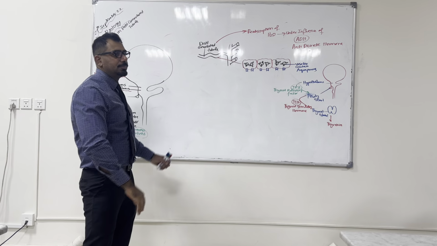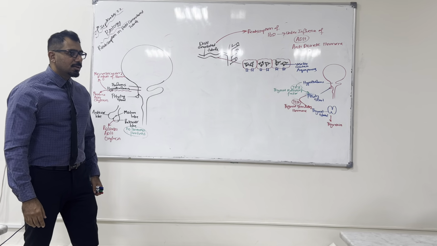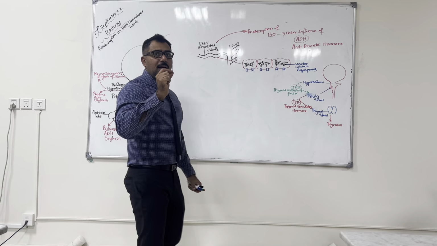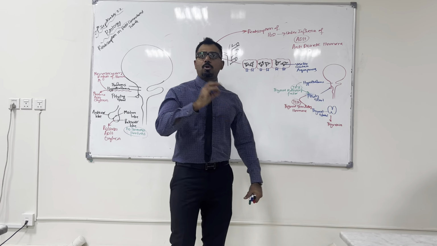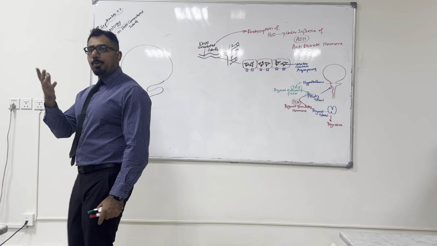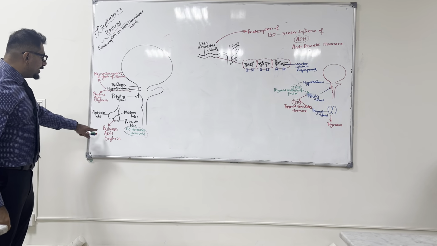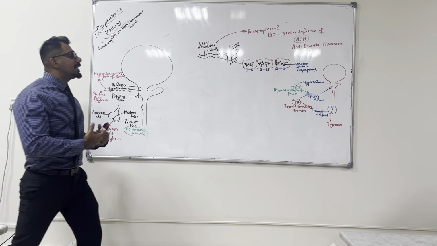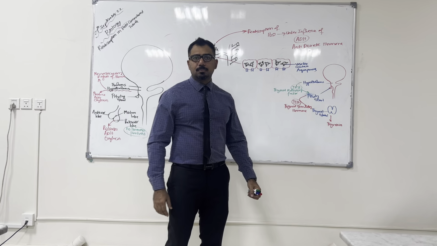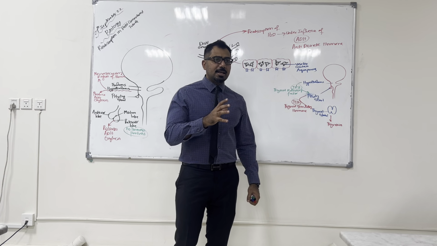They can enter inside. While the peptide ones or amino acid ones or protein ones cannot enter inside because they are polar ones. ADH is a polar hormone. It cannot enter inside the cell.